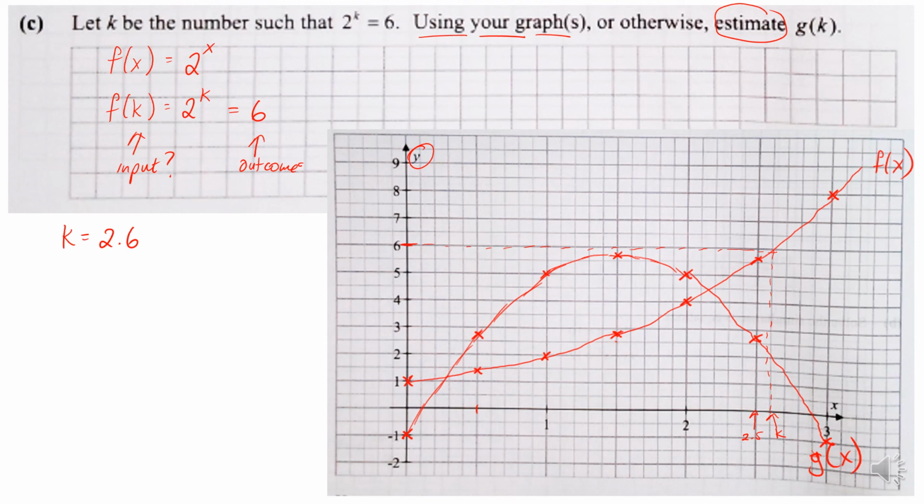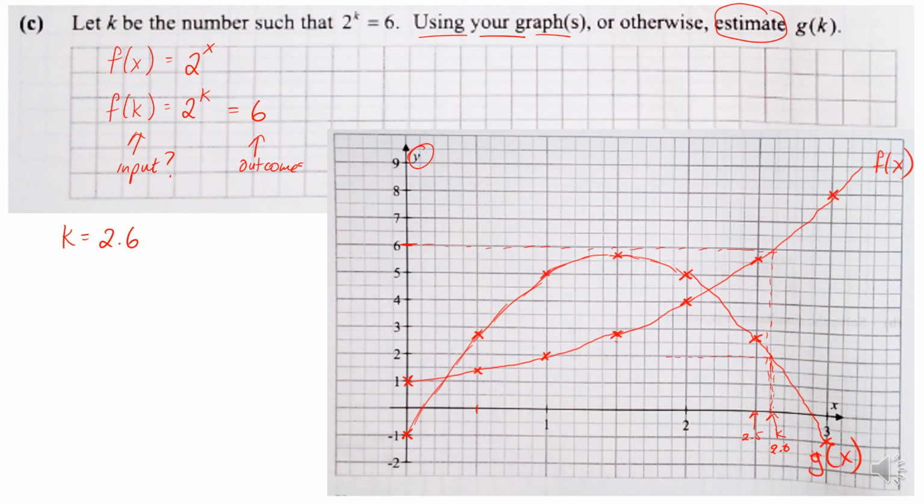Okay. Now, we're not finished yet. We've found k. Using your graph or otherwise, estimate g of k. So, what was the value of g when we're using input 2.5 or 2.6, which is k? So we can go up there, use the same input. What's the value of k?